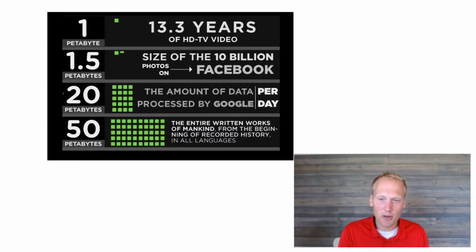And then Google processes 20 petabytes every day. And then the entire written works of mankind would be 50 petabytes. So tons of information. I don't know if we're ever going to get to the place where a home computer will hold a petabyte of information. I don't know if we'll need that, especially with cloud storage right now, but it is kind of interesting to think about.